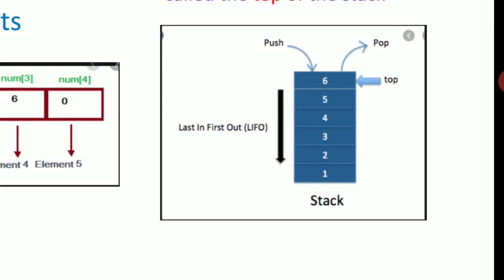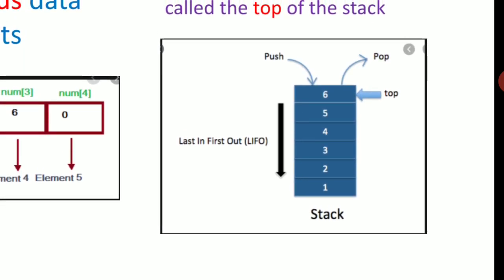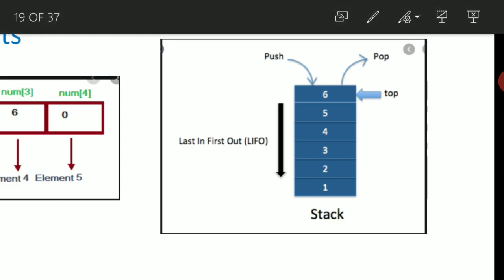In the image we can see the stack. The first value stored in the stack is 1. The second value stored is 2. Stored means added. This operation is also called push operation. Adding a value to the stack is called push operation.